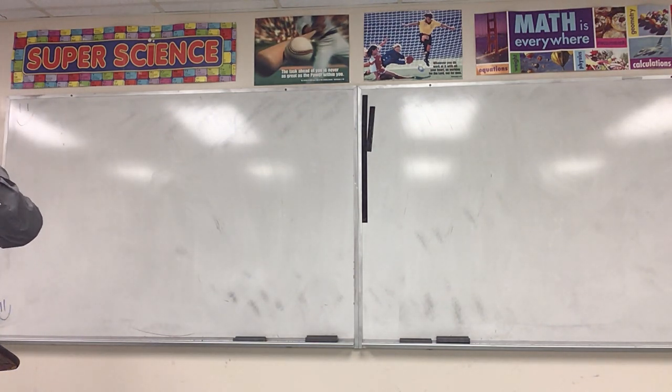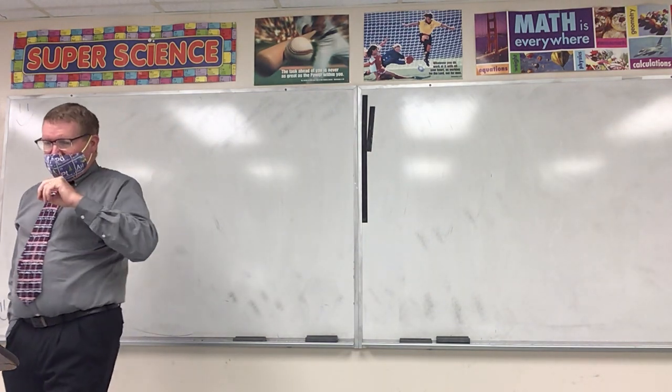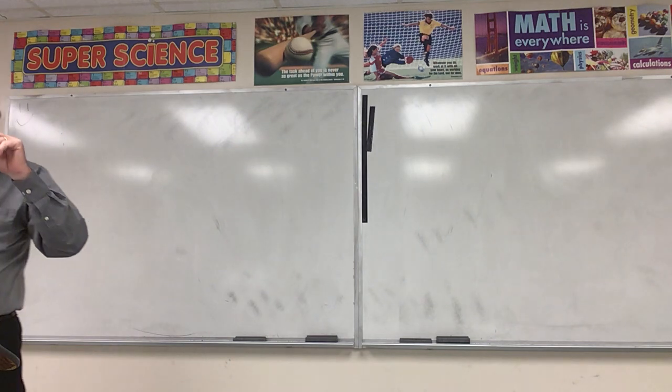A polynomial is when we have a non-negative integer, which means what? It's a positive number, or 0. If the exponent is anything but a positive whole number, then it's not a polynomial.